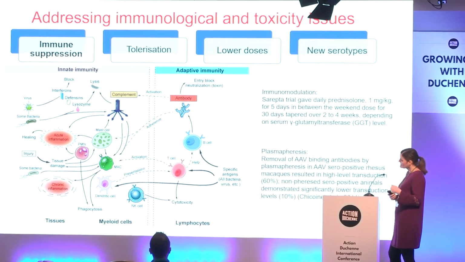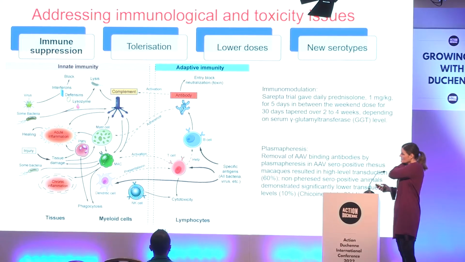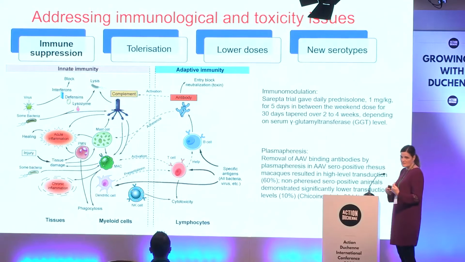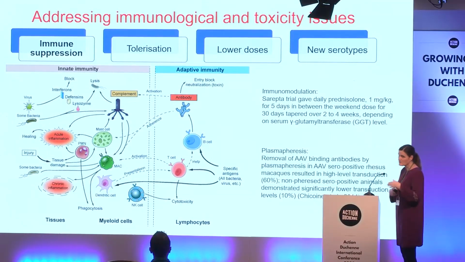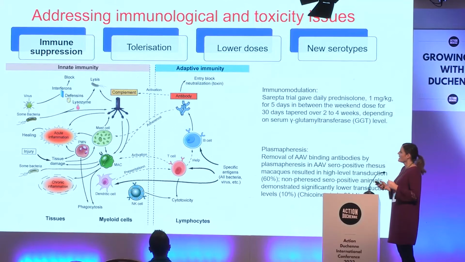But again, as Annemieke has laid out, there is going to be an innate immune response, which is on the left-hand side. Because you're putting something into the body that's not normally there, it will generate a response to try and clear it because it sees it as foreign. So you get something called complement activation, which is seen actually in clinical trials and causes the major issues that are being seen.